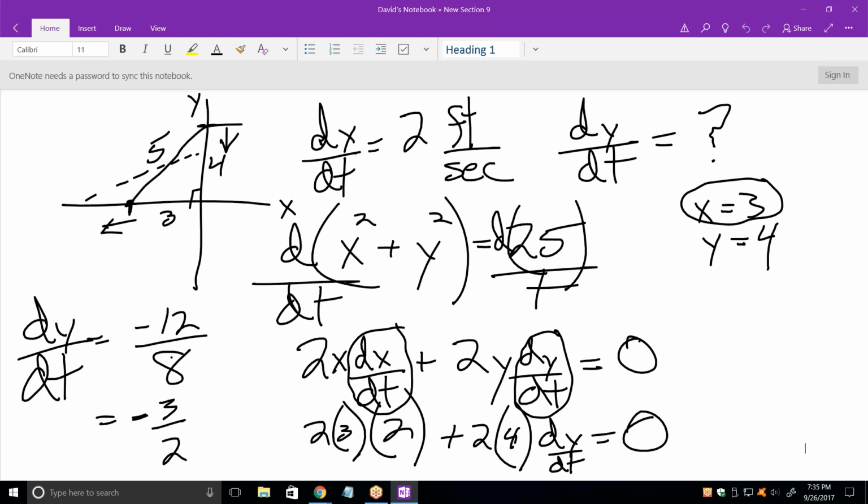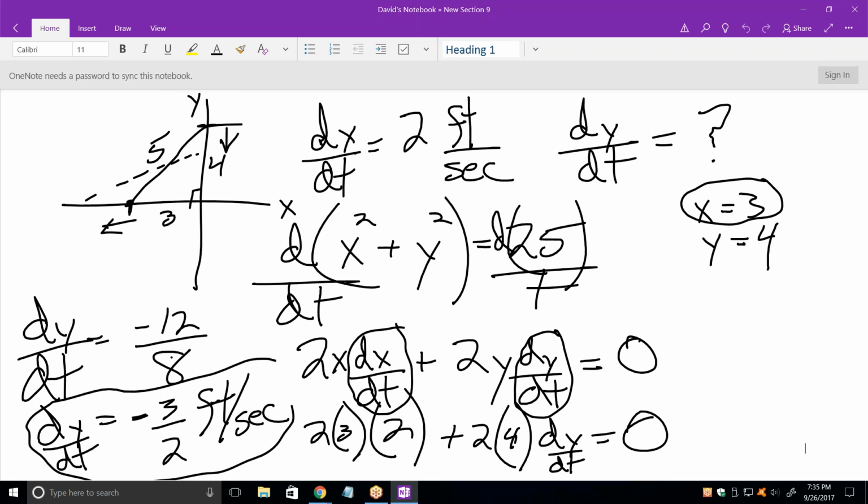That's the speed that the top of the ladder is going. Now, why is it negative? That is dy/dt, which is what the problem wanted to figure out. Why is it negative? Why was the dx/dt positive?